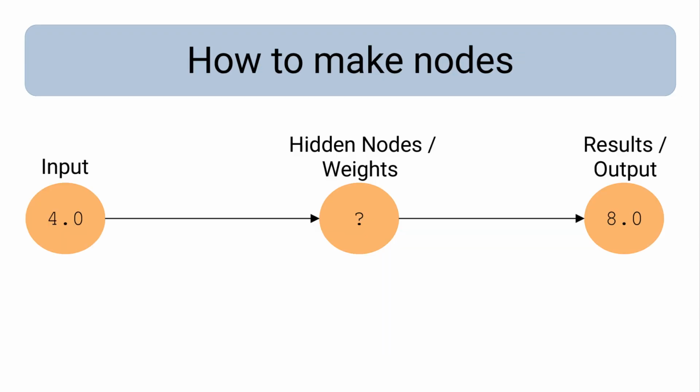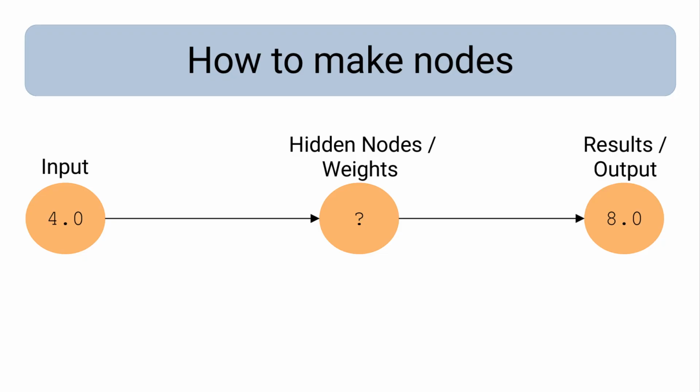So because I already know this is going to require a very simple model, I'm just going to have just one node in between the input and the output. So you can see the input on the left side being 4.0. Because I was mentioning earlier, everything tends to be a floating point number, so the 0.0 means that it could be a decimal.